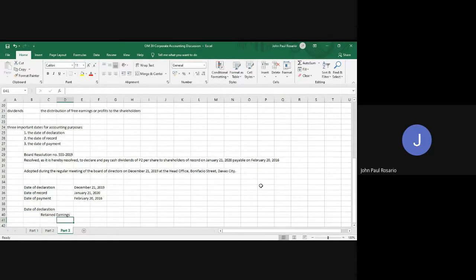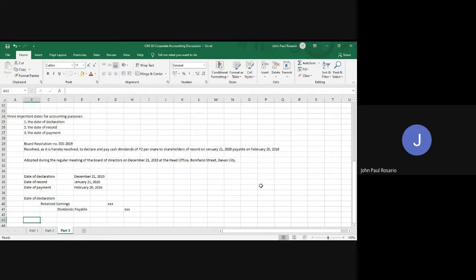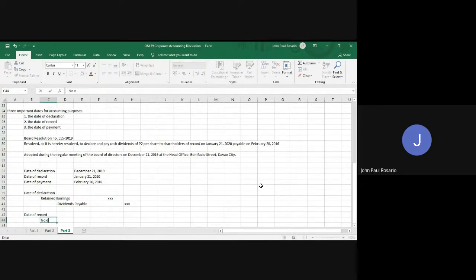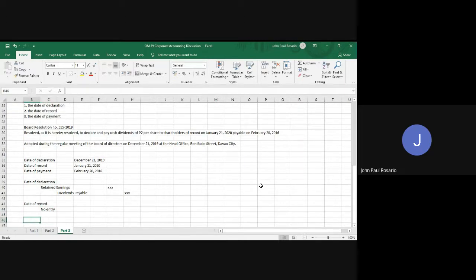And then mag-credit ta ng dividends payable. Okay? Unsa ba itong pro forma entry on the date of record? So, no entry. Wala kay entry for that, okay? Ang imong next entry dayon is would be on the date of payment.